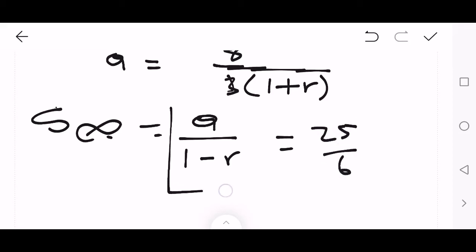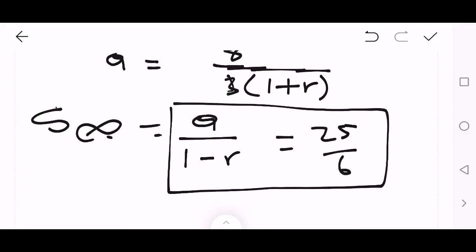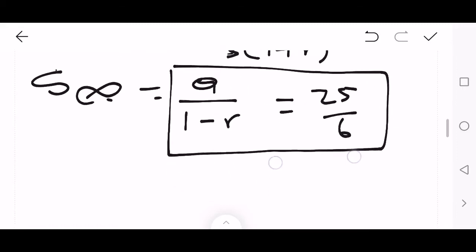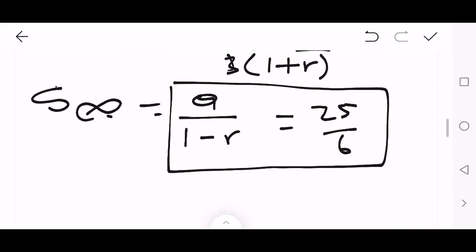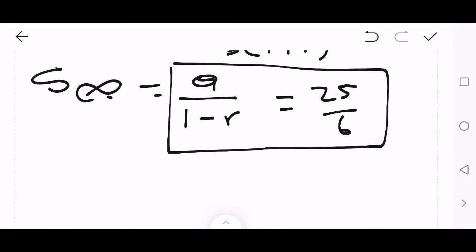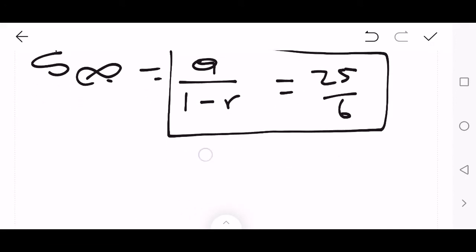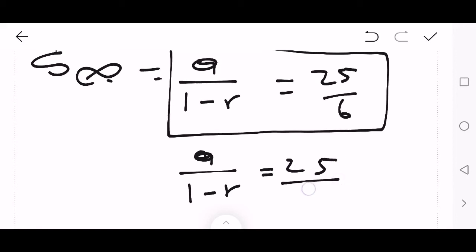So now we can take this equation here and also solve for a. So in doing so, we have a over 1 minus r equals 25 over 6 multiplied by 1 minus r.